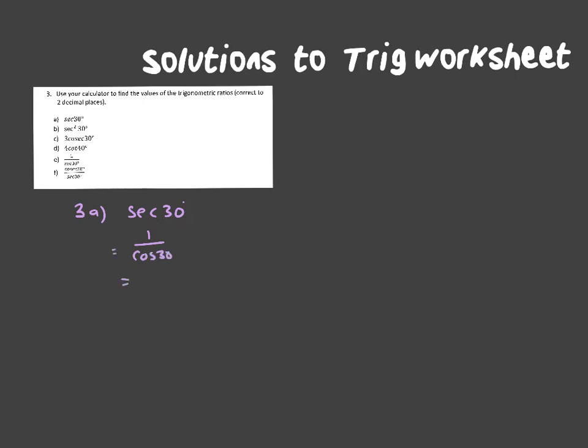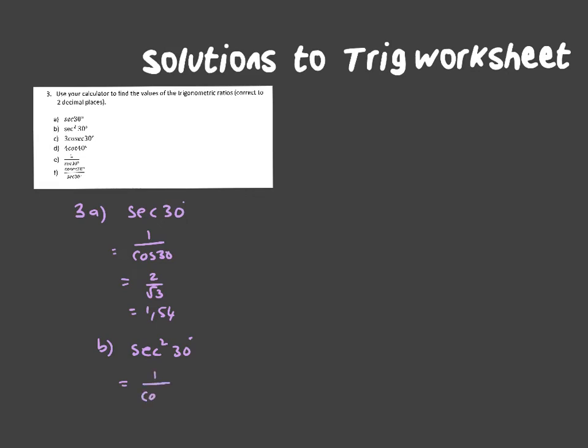And cos of 30 is equal to root 3 over 2. So 1 over that is equal to 2 over root 3. And that is 2 divided by the square root of 3, which is equal to 1.54.